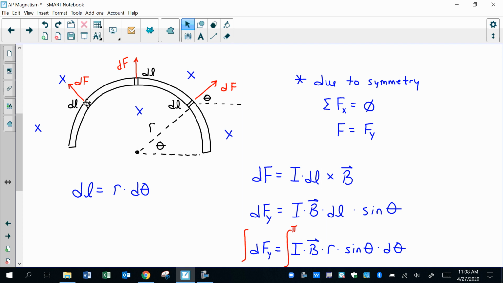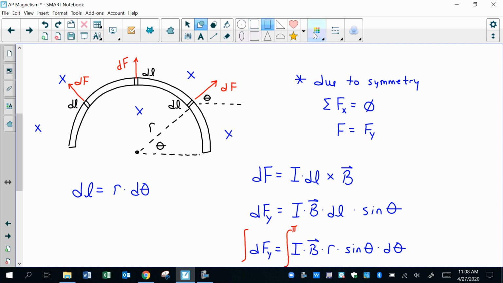So we choose a small little piece, dl, and I use my equation right here. They are perpendicular because I have an inward directed blue magnetic field, and this segment here is always going to be perpendicular, and my sine function right here comes in to find my y component only.